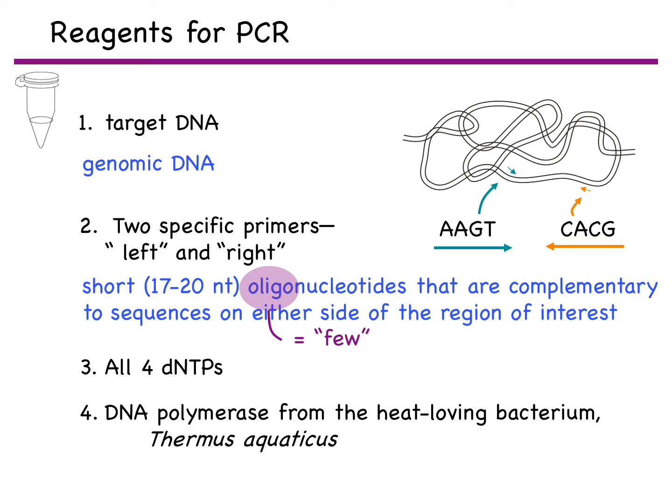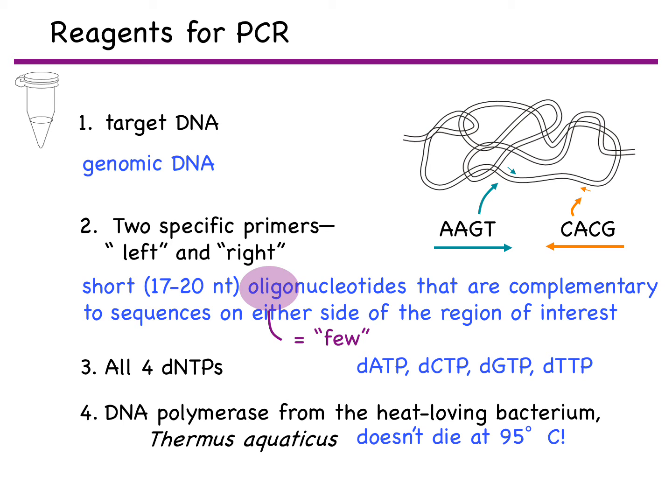Another thing that you want to have in your PCR reaction is all 4 dNTPs, ATP, CTP, GTP, TTP. These are the reagents that are used for synthesizing a new strand of DNA. And then to synthesize a new strand of DNA, you need to have a polymerase. And the one that's typically used in the PCR reactions is a DNA polymerase from the heat-loving bacteria, Thermus aquaticus.